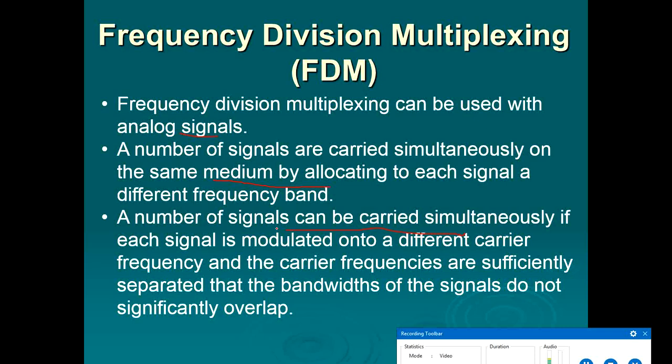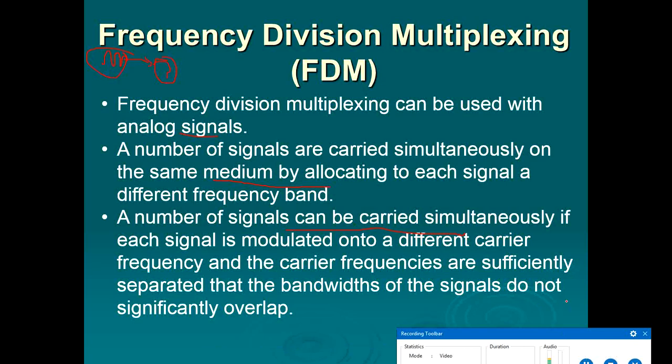So we have two concepts over here. One is the frequency of the signal of the user. Another is the carrier frequency. So this signal will be carried by some other signal. The signal which carries our signal from the user is called the carrier frequency wave.